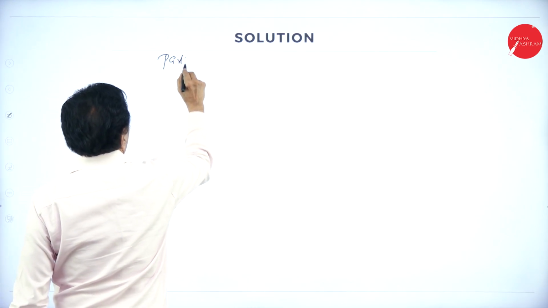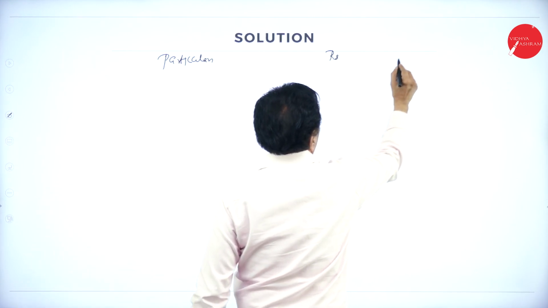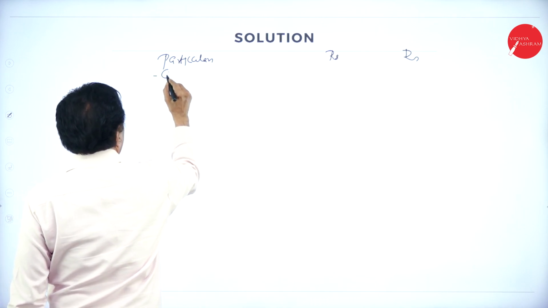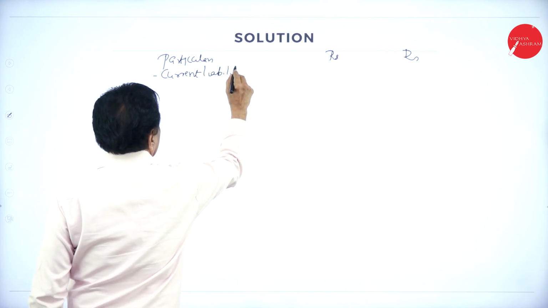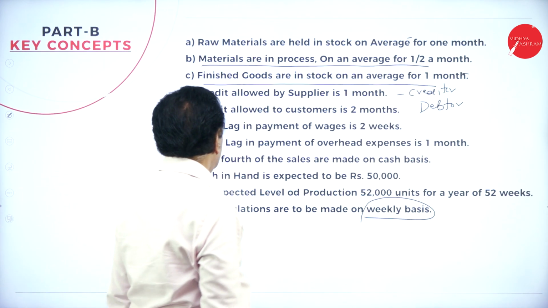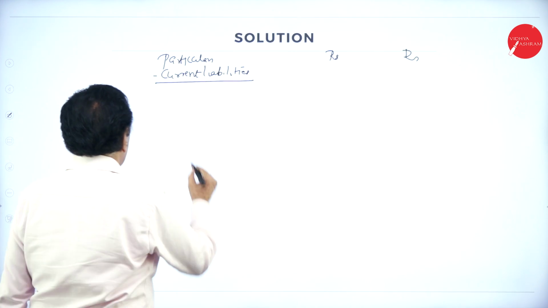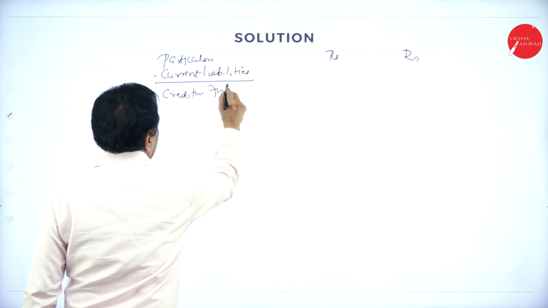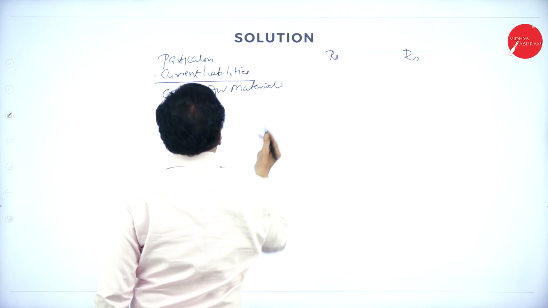Particulars, rupees. Current assets minus current liabilities. First one, credit allowed by supplier is 1 month: creditor for materials, 1 month.